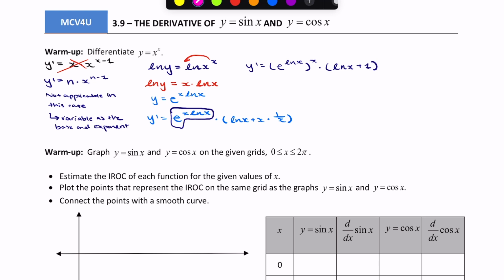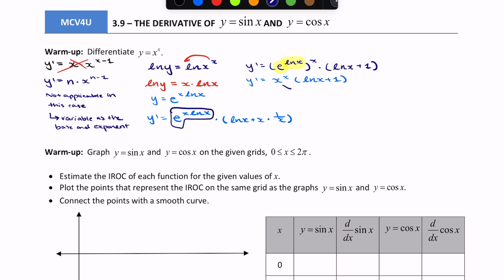So here we know that e to the power of ln x will simply just give us x. So here we can rewrite this as y prime is equal to x to the power of x times ln x plus 1.